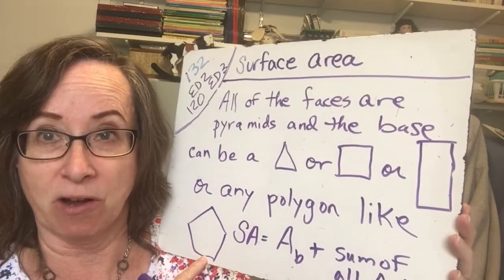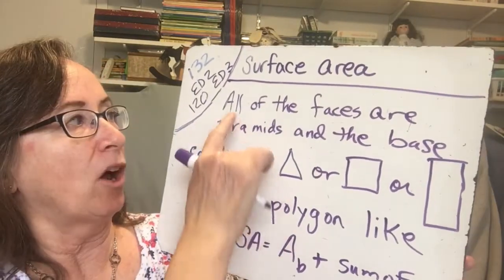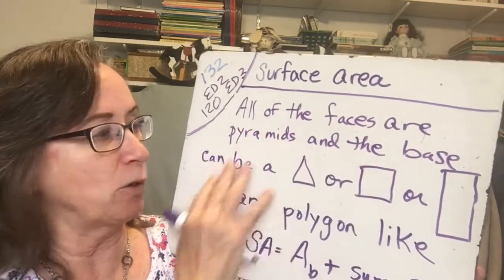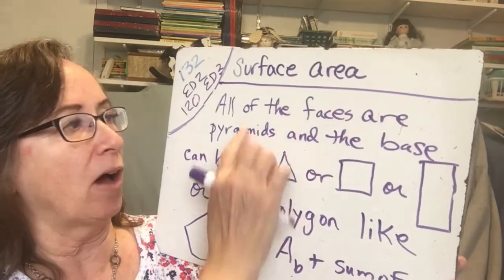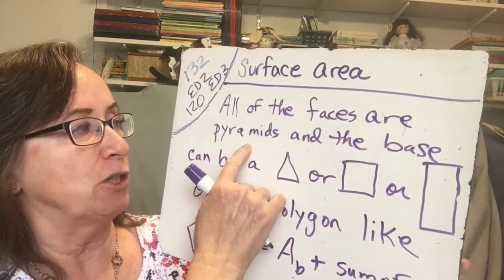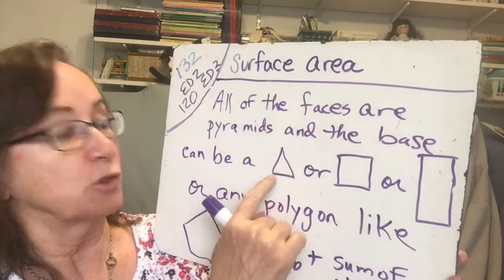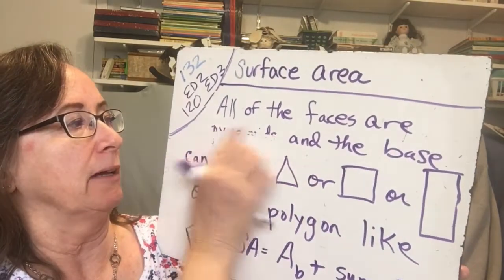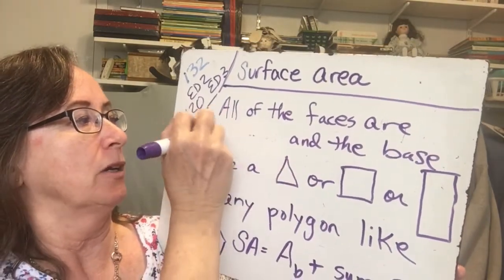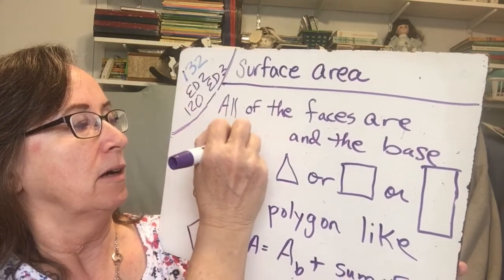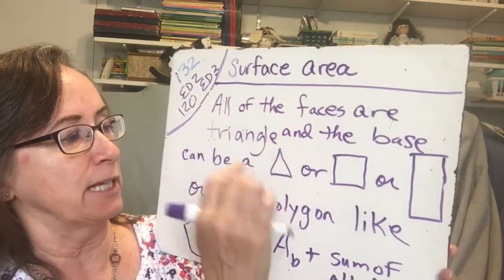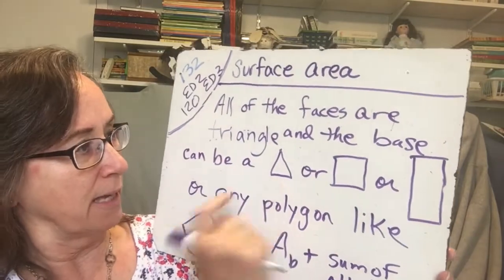We could have a pentagon pyramid. But no matter which we have as the base, all of the faces are going to be triangles. This should be triangle, my bad. All of the faces will be triangles.